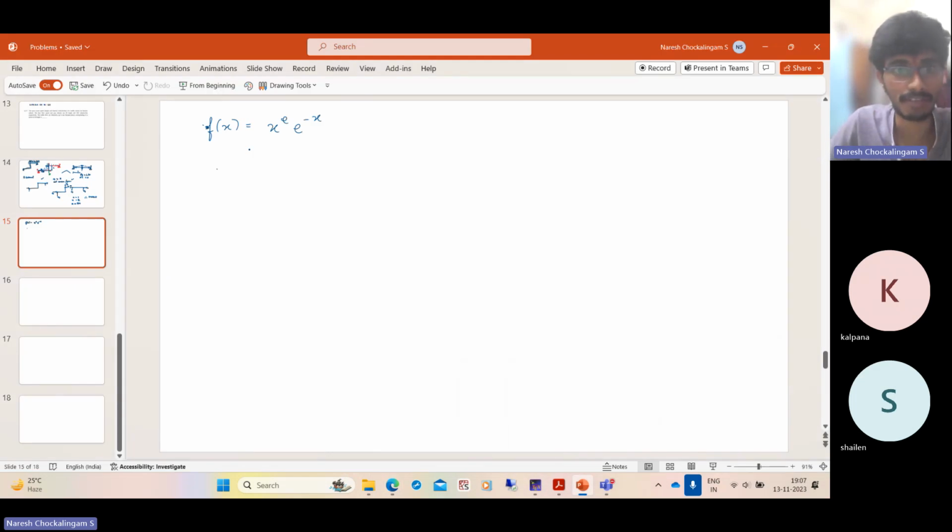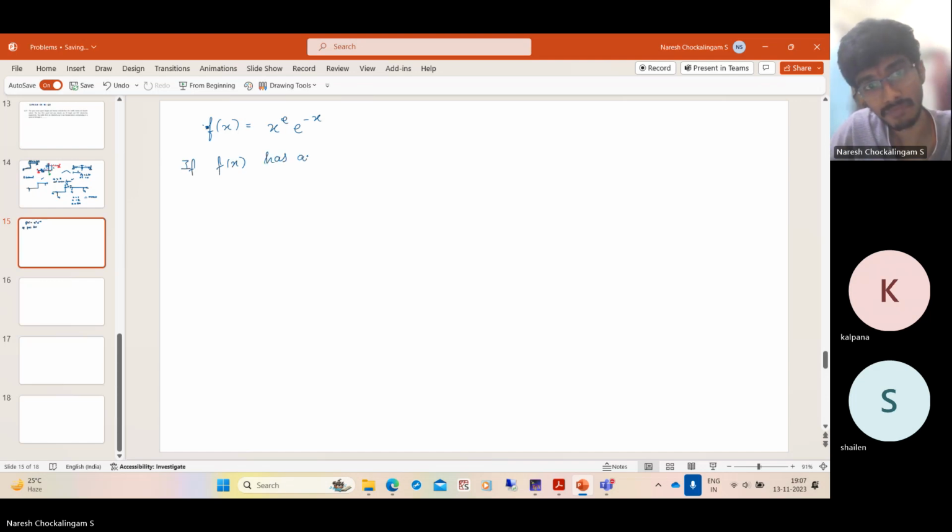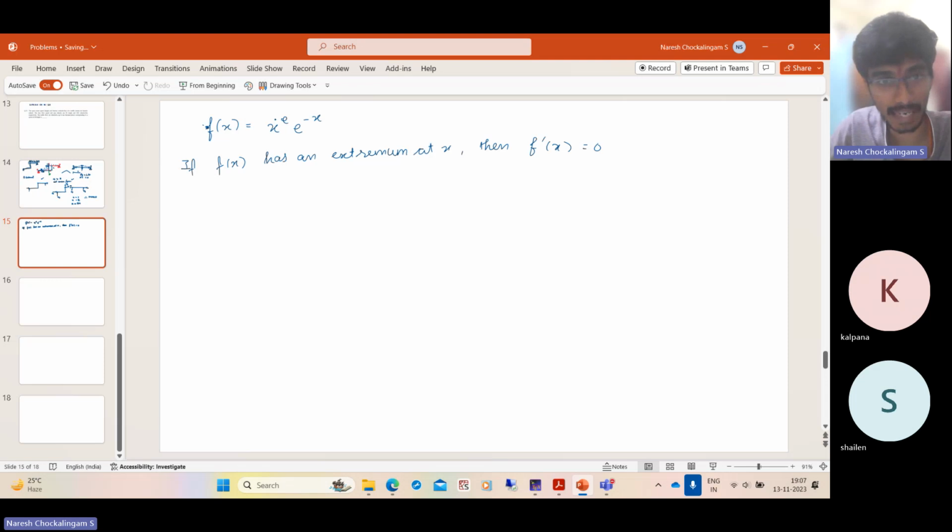We know if f of x has an extremum, in general either a local maximum or minimum at x, then the derivative should be 0 at that point. So we can take the derivative. This is of the form of the product rule.